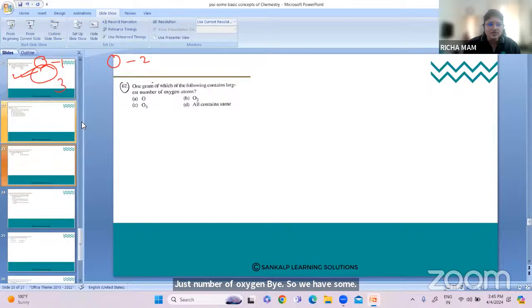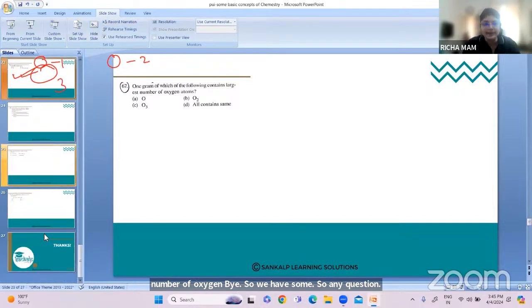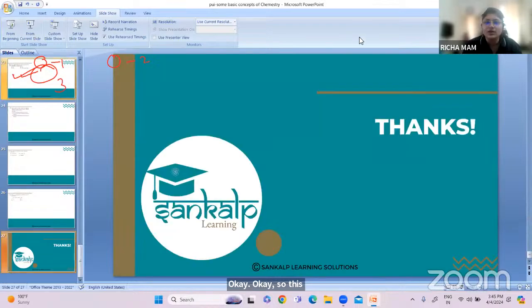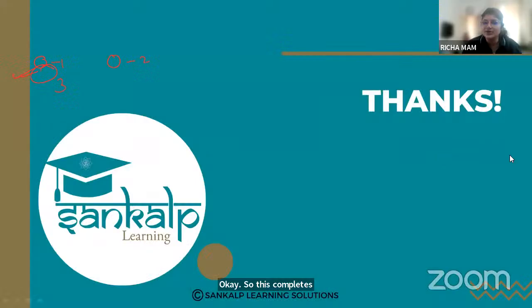Okay, fine. So we have solved many questions. This completes your chapter, Some Basic Concepts of Chemistry. I've tried to solve all the questions from this particular chapter. Any doubts? After this, you will be having a test.